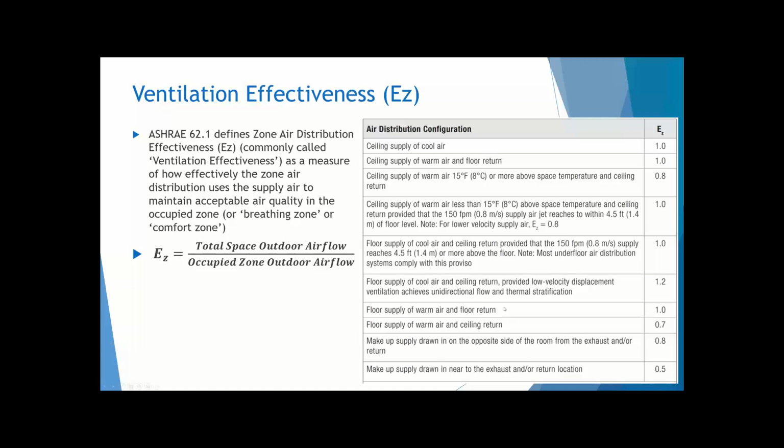Now, if you're looking at a displacement system down here, see this 1.2, that 1.2 is the minimum ventilation effectiveness. In other words, you're only conditioning that occupied zone, so you're supplying less air than is needed for the entire space.